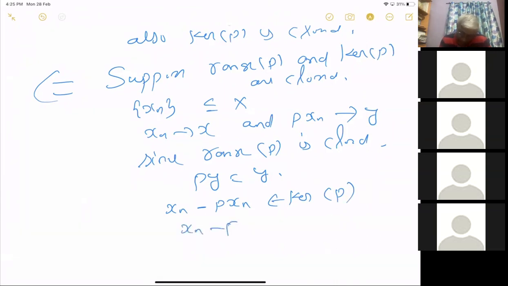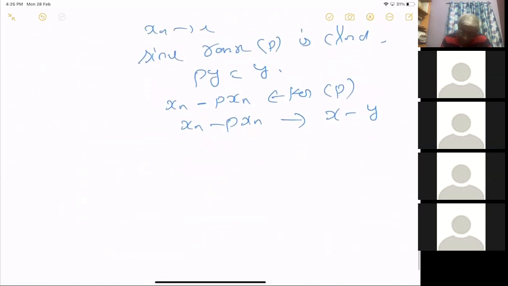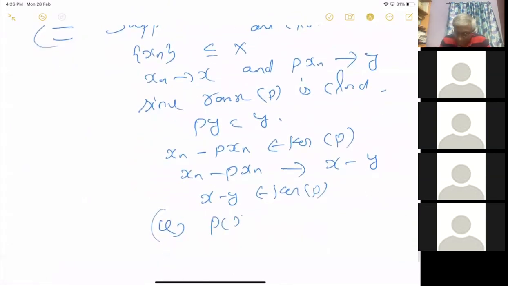So xn minus Pxn converges to x minus y. Now these are all in the kernel of P, so x minus y is in the kernel of P. That is, I minus P of x minus y equals 0, so P of x minus y is 0. This implies Px equal to Py equal to y.